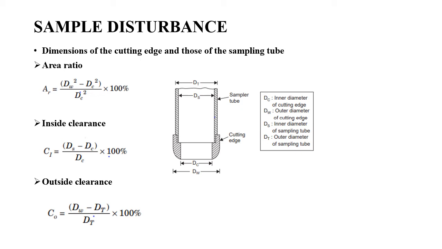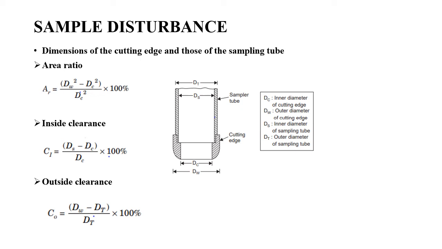Area ratio is calculated in terms of the dimensions of the cutting edge. So dw is the outer diameter of the cutting edge, whereas dc is the inner diameter of the cutting edge. So area ratio is (dw square minus dc square) by dc square into 100%.